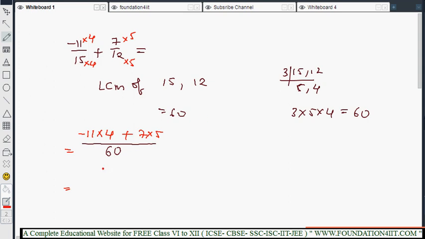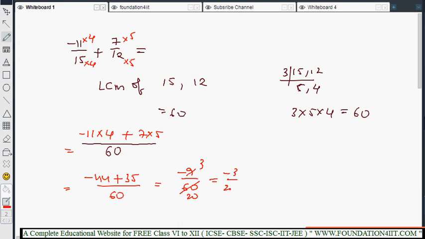Now minus 11 into 4 is minus 44. 7 fives are 35, by 60. So minus 44 plus 35 is minus 9, because 44 is the bigger number. Minus 9 by 60. This we can cut into the simplest form. If you are familiar with cancellations, you can do it directly. You can do the 3 table and cancel: 3 threes are 9, 3 twenties are 60.